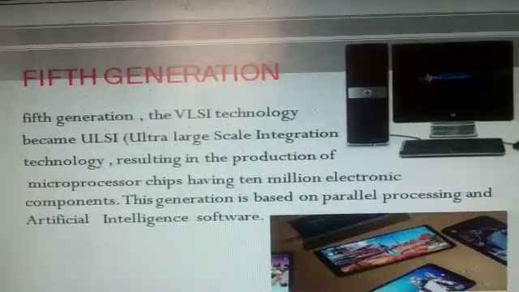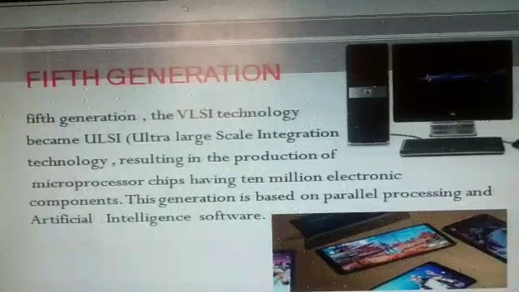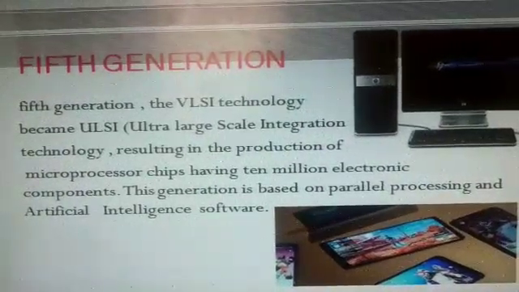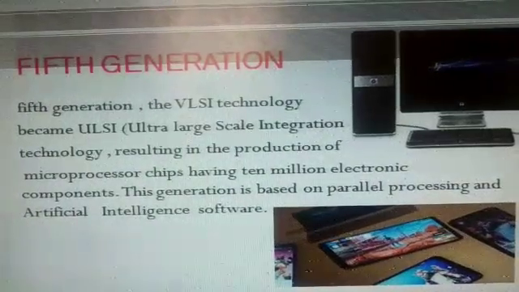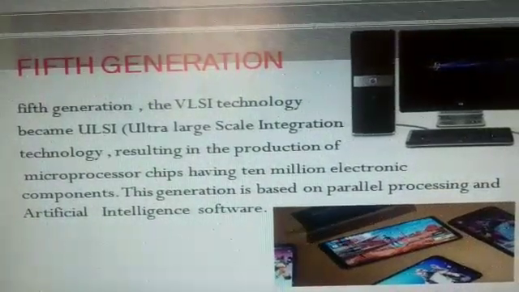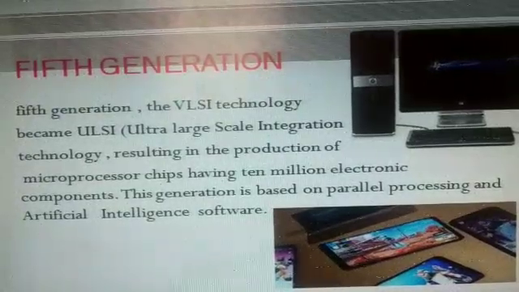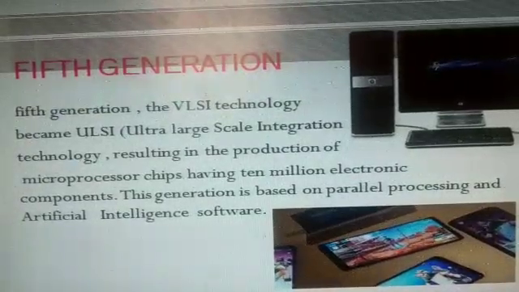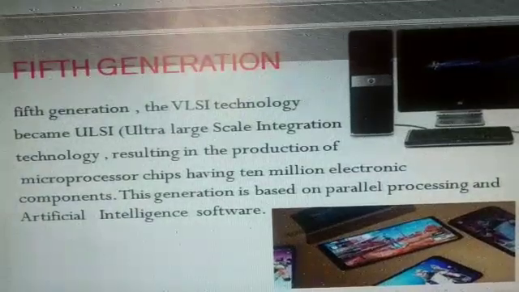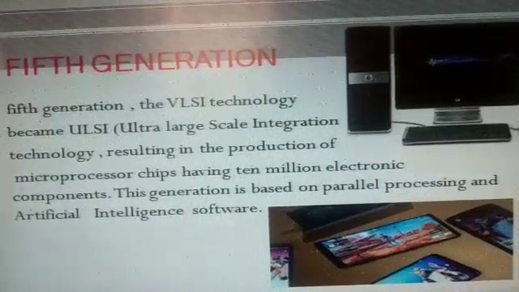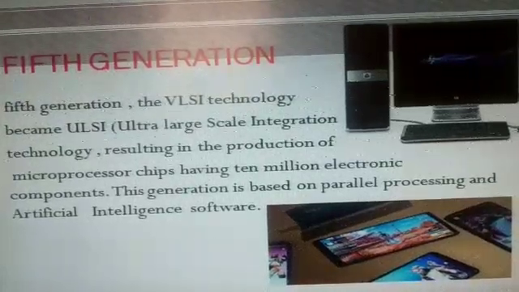You can see here, this is the image of fifth generation of computer. Students, this generation is based on the parallel processing hardware and AI software. AI software means artificial intelligence. AI is an emerging branch in computer science which interprets means and methods of making computer think like human being.